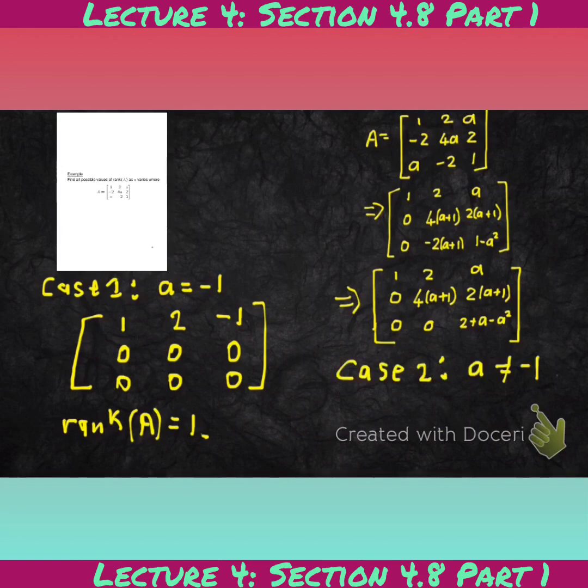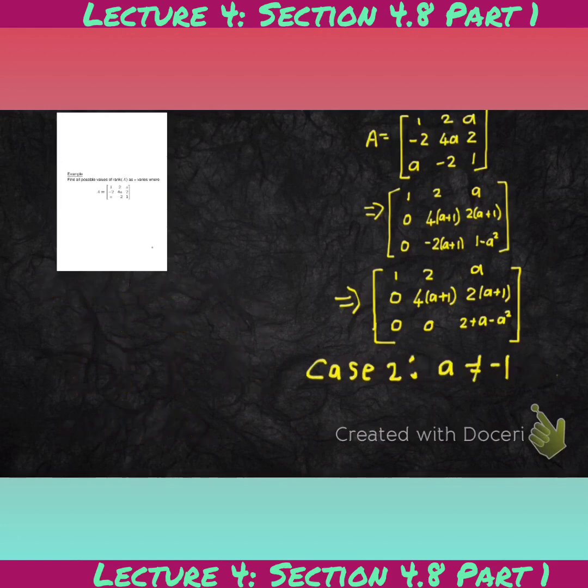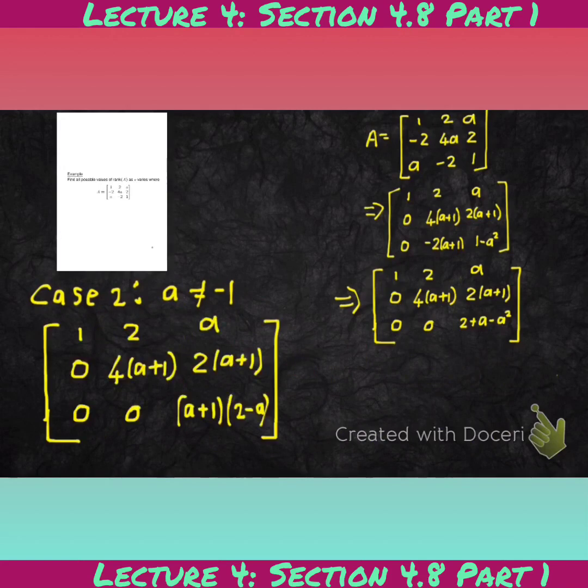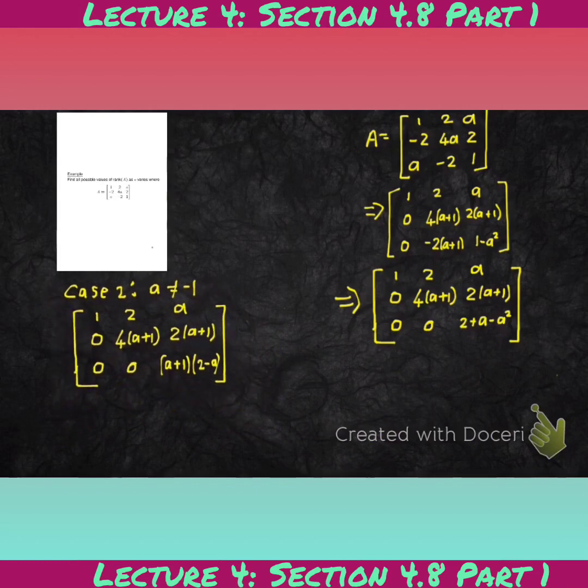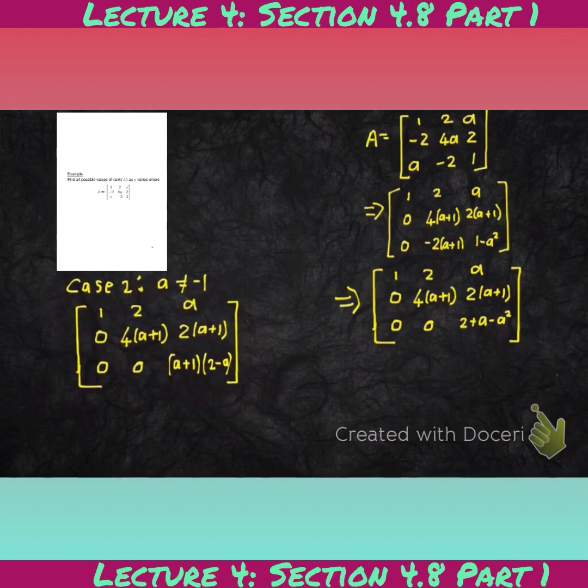The second case is where a is not equal to -1. For case 2, we have our reduced row echelon form, and note that we can just factorize it like that. So we have to consider two cases there.